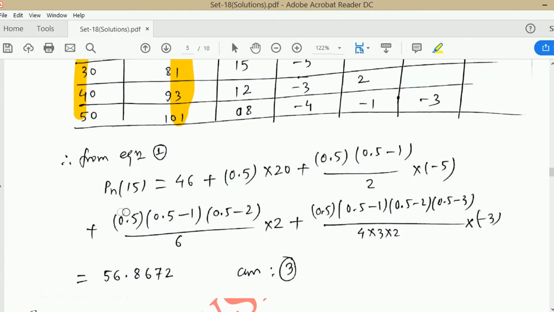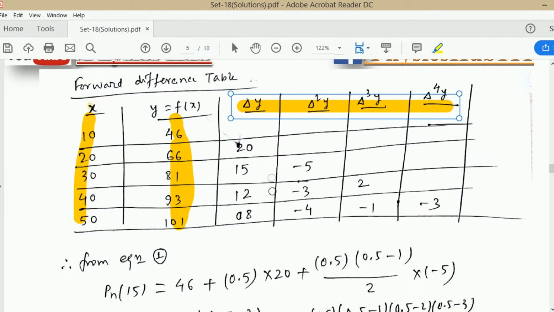So Pn of 15: we put the value of x as 15 and the value of u as 0.5, and the delta values we get from here.